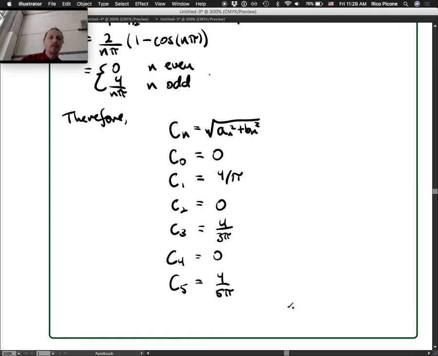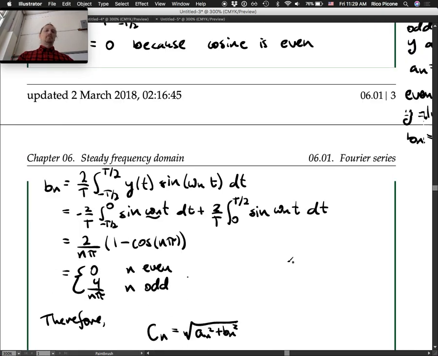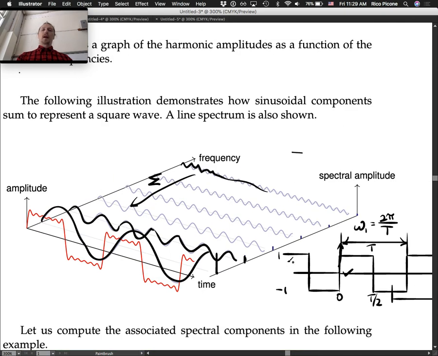So if we go back to our pretty graph here, what we've computed are the first 5. So C0 is 0, so we didn't count that. For C1, the amplitude was, I'll just write up here, it's kind of hard to see on the graph.